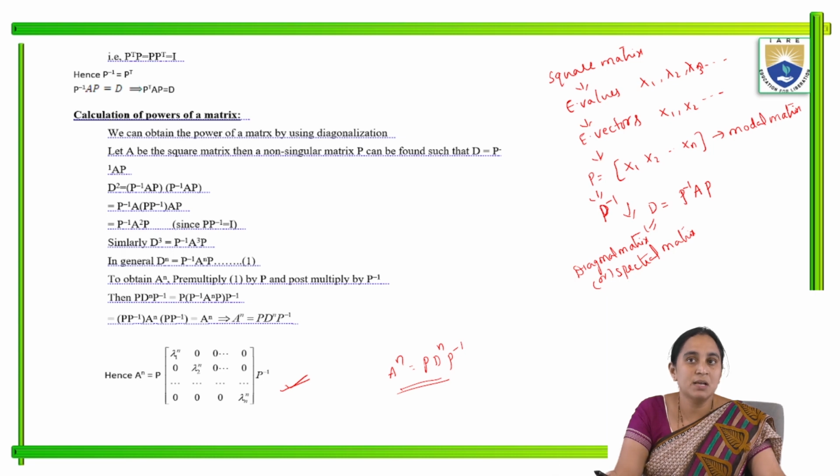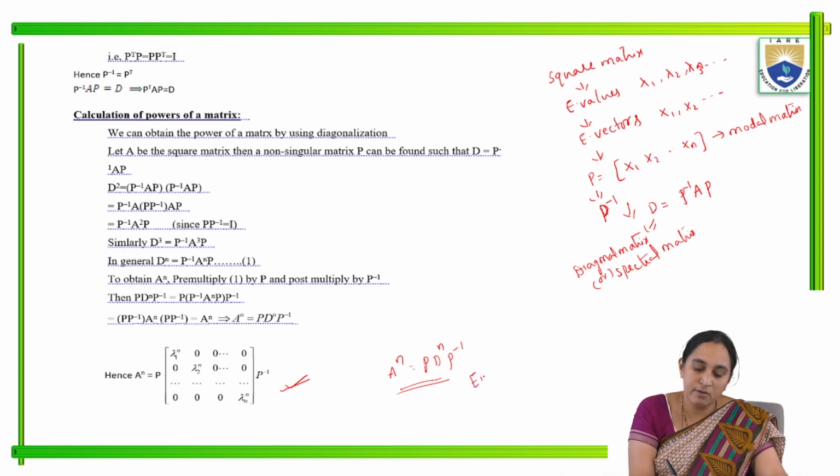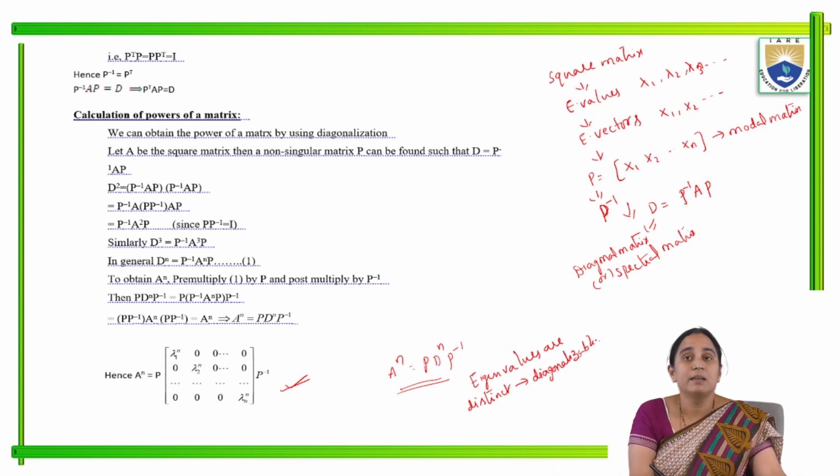If the eigenvalues are distinct, the given matrix is definitely diagonalizable. So no need to worry about that. Continue the concept of reducing the matrix to a diagonal matrix through the conditions of the problem.